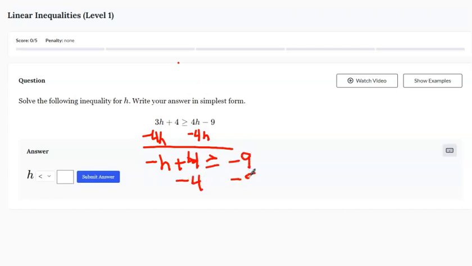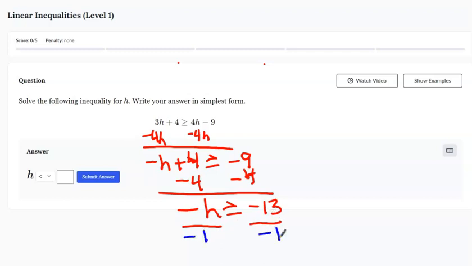We'll subtract 4 from both sides, leaving us with negative h is greater than or equal to negative 13. And then we're going to divide both sides by the coefficient, which is negative 1. Now we are dividing by a negative value, so that means this inequality will reverse and go in the other direction. So our answer is h is less than or equal to 13.